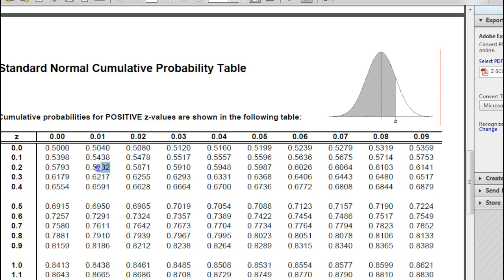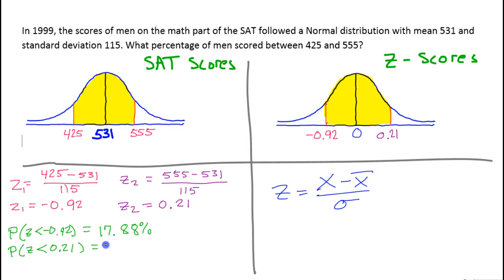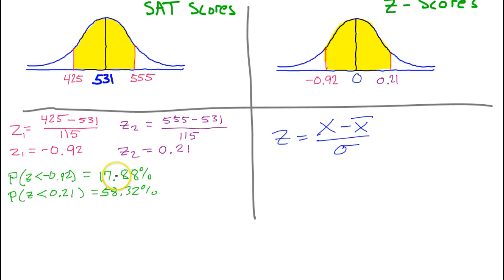This would be 0.21 right here. That's 58.32%. All right, so this is the percent of data to the left of this z-score. This is the percent of data to the left of this z-score.